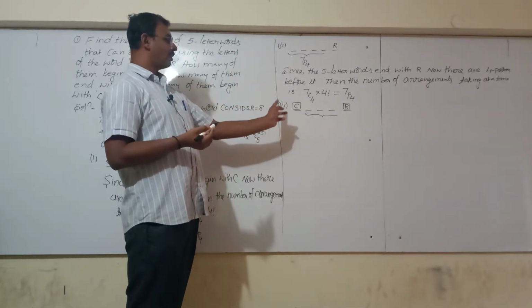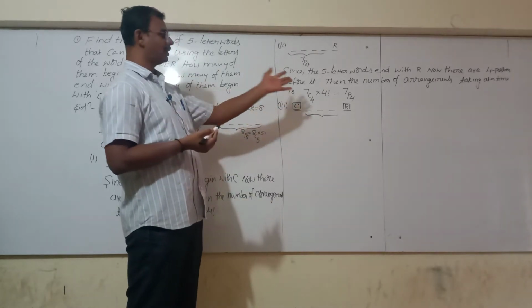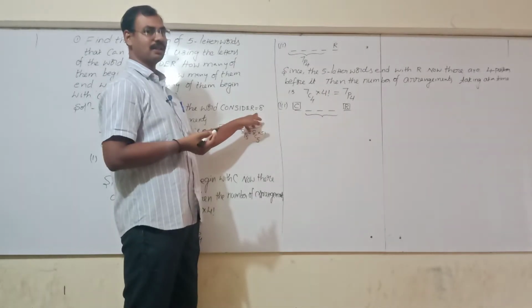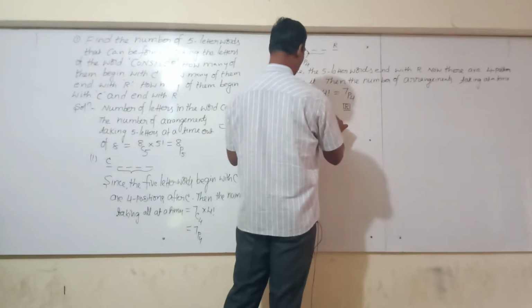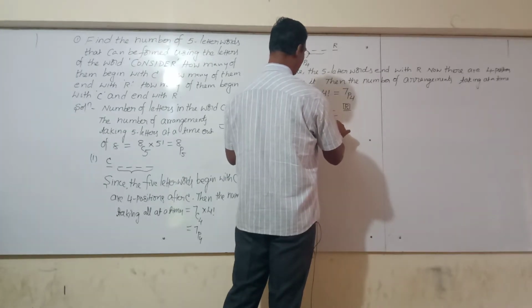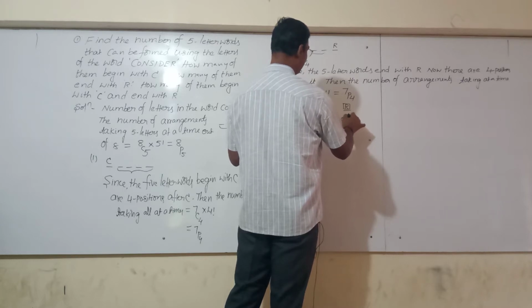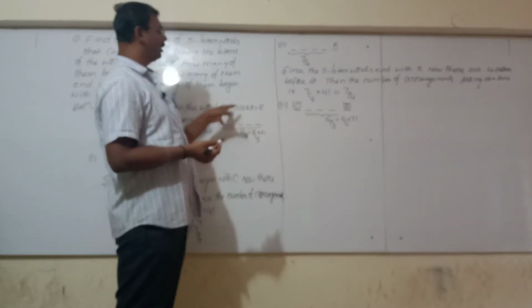In between there are 3 positions. So already 2 out of 8 are gone. Now how many letters are remaining? 6 letters. How many positions are left? 3. So how many ways could I fill this? 6C3 ways, or some people call it 6C3 into 3 factorial. Both are the same.